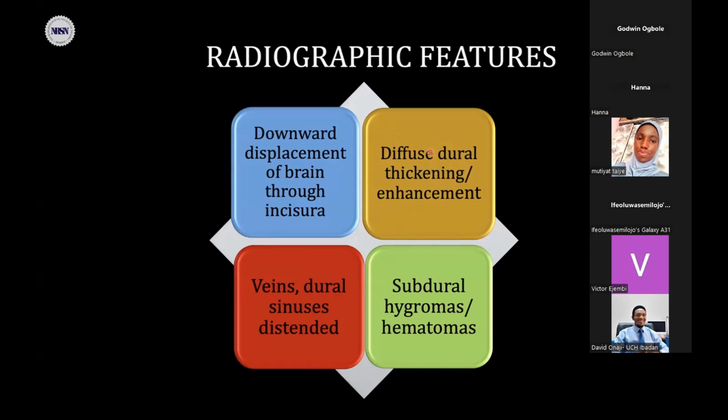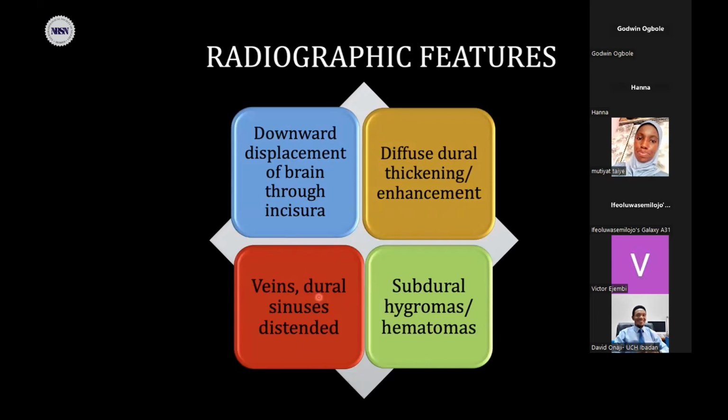An important feature is diffuse dural enhancement. Remember that we said that if there are MRI images of positive dural enhancement, together with the clinical features, then we do not need to do a CSF pressure measurement by lumbar puncture. As we said by the Monro-Kellie principle, our dural veins are going to be distended, so you look out for these veins.